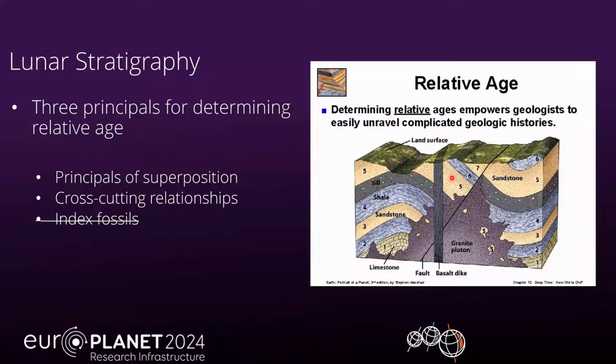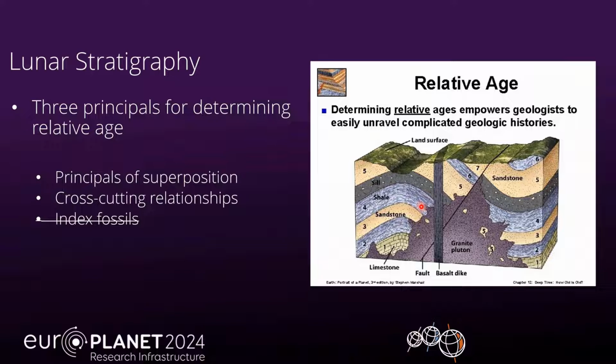You can apply the same principle when looking at tectonic structures. If the fault offsets the units, then the fault is younger than the units that it's offsetting. So you just have to use careful analysis and logic to figure out the progression of the events that happened with your different geologic units.